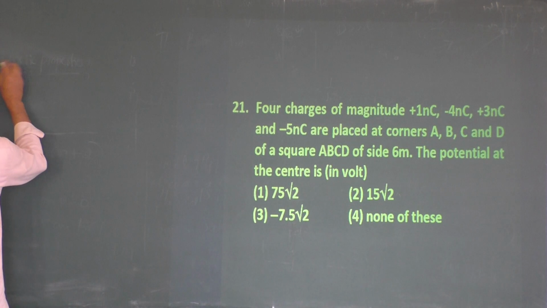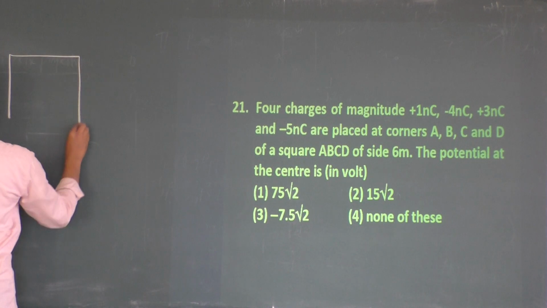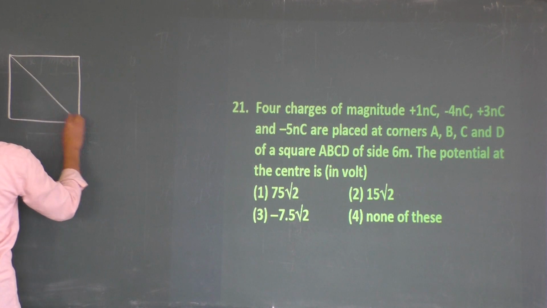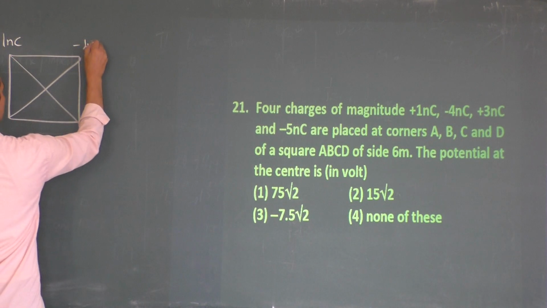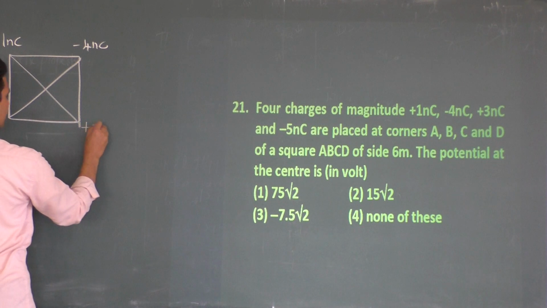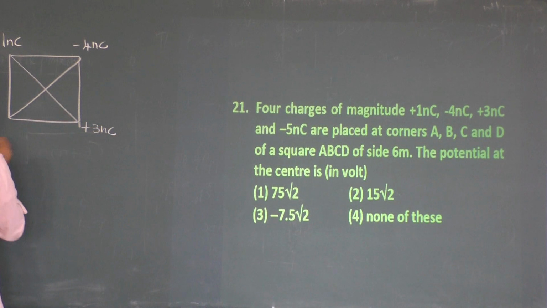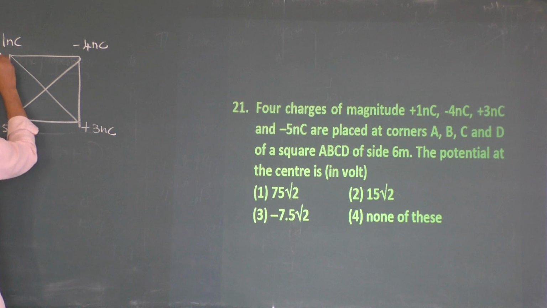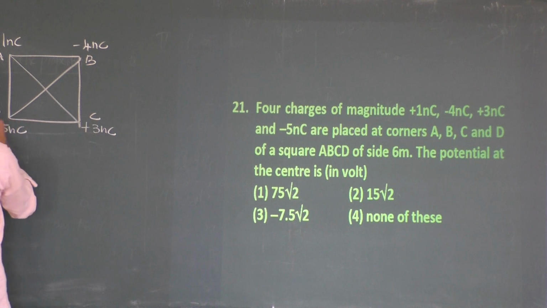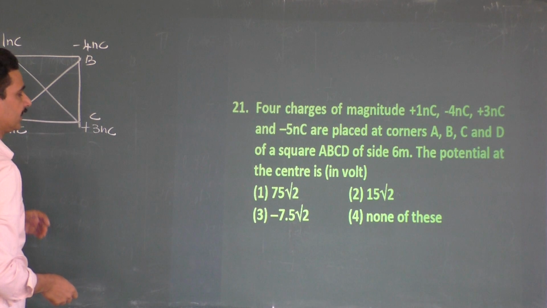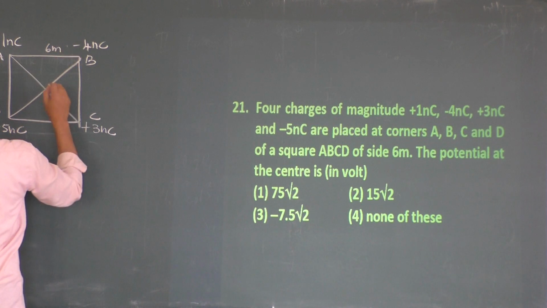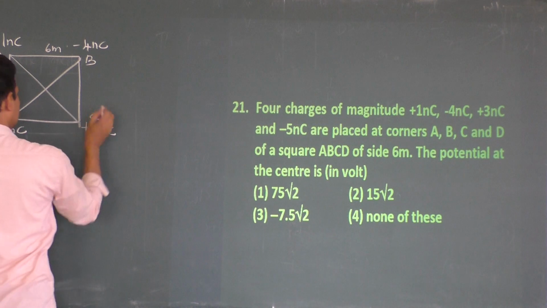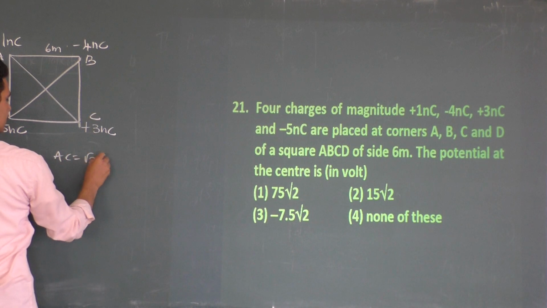If you take a square like this and keep the charges at the 4 corners, the charges are 1 nanocoulomb, minus 4 nanocoulomb, plus 3 nanocoulomb, and finally minus 5 nanocoulomb, kept at the corners A, B, C, D. This is a very simple problem, but we can refresh the potential formula. Side is 6 meters, so the diagonal AC is root 2 into 6 meters.